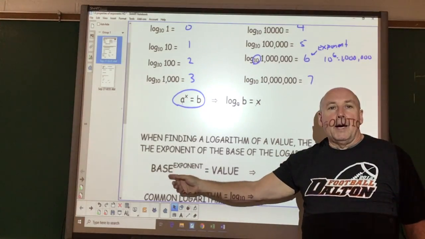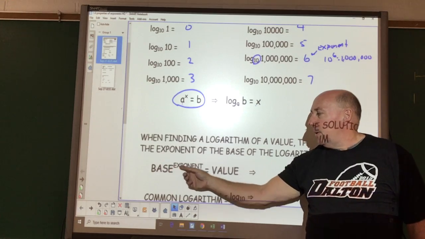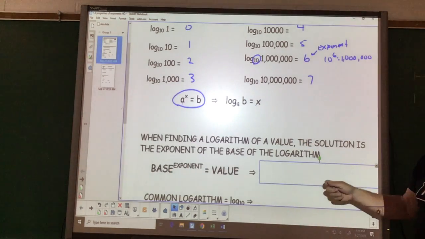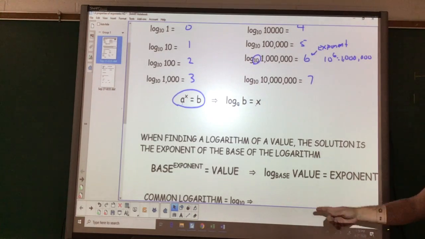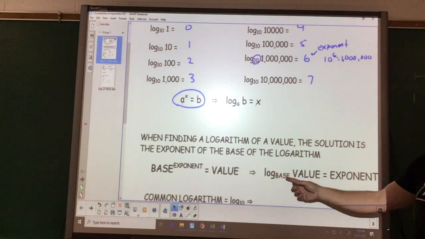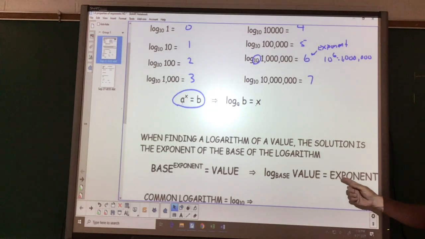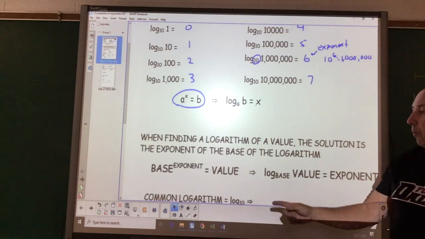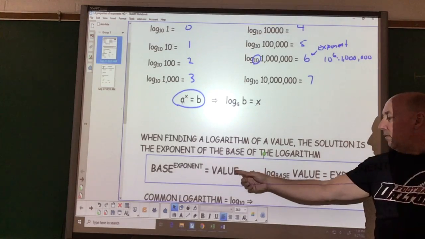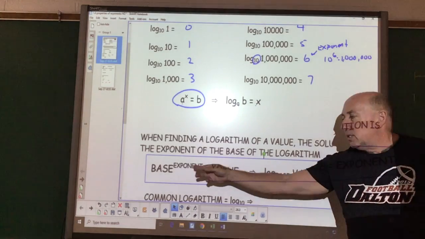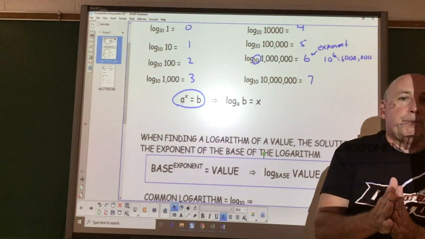And as we talked about in pre-calc class, we have a base to an exponent equal to value. This is my log of a base of a value is equal to the exponent. So we'll be able to pull, here's my exponent here. This is my value, and my bases are going to be the same.